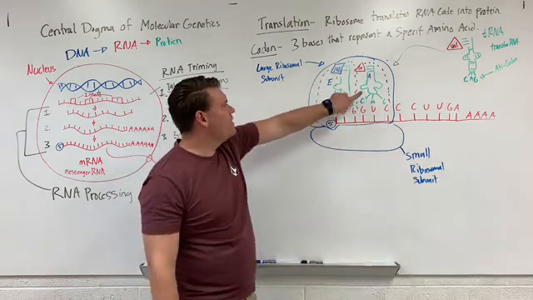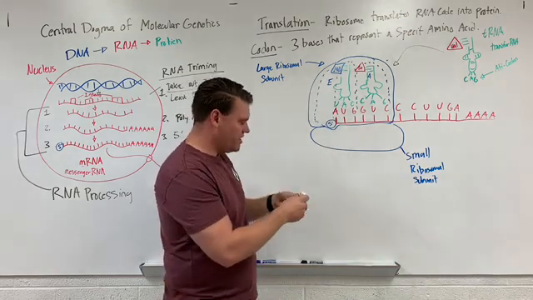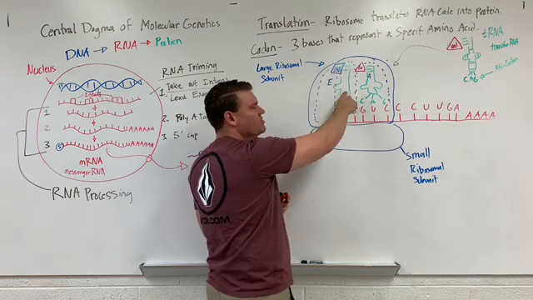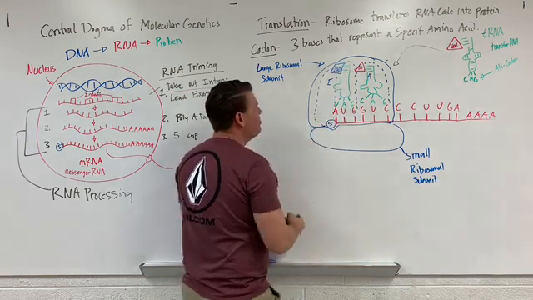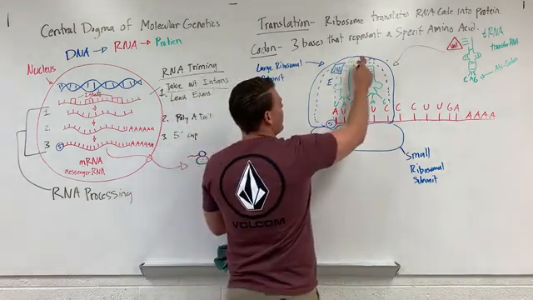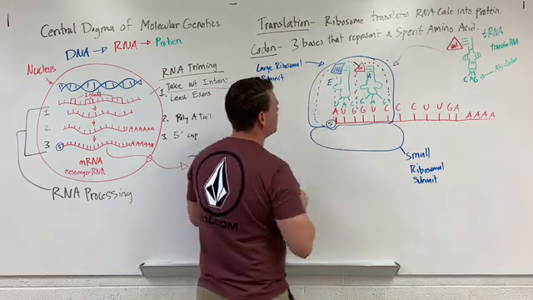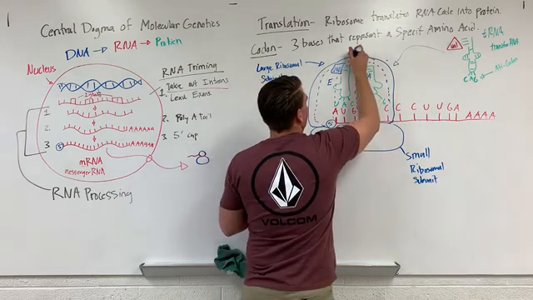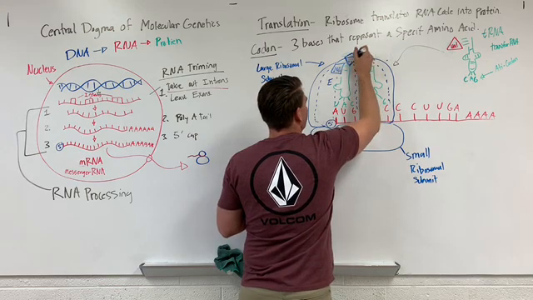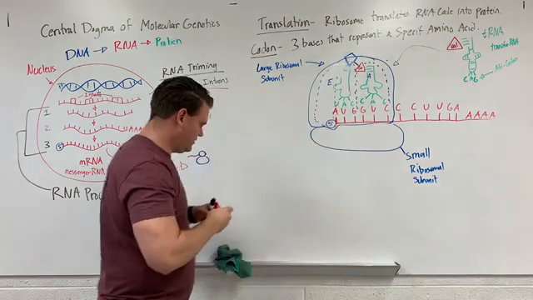So once we have 2 tRNAs, each with amino acid, then our ribosome is going to unhook the amino acid that's on top of this first tRNA and bind it, create what we call a peptide bond, something we talked about, and combine it to this amino acid, and we start to make our protein.